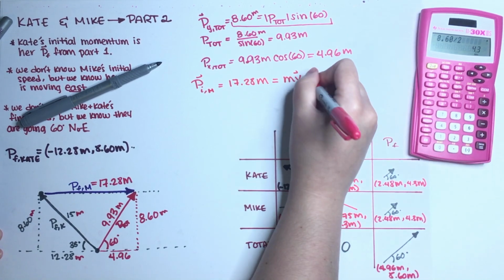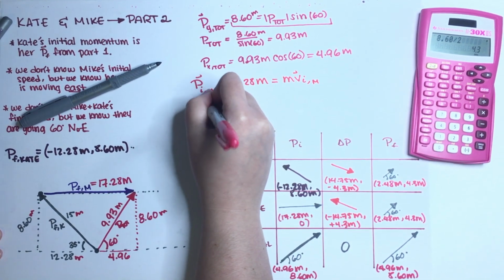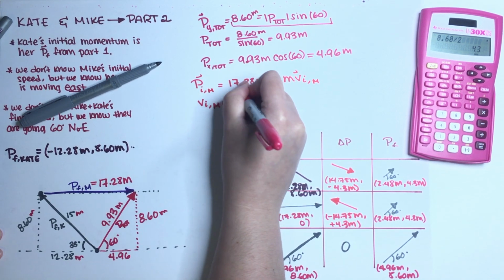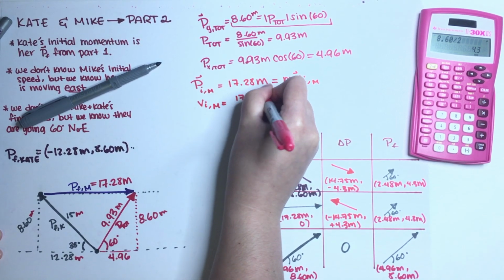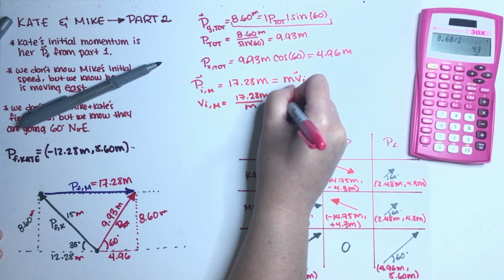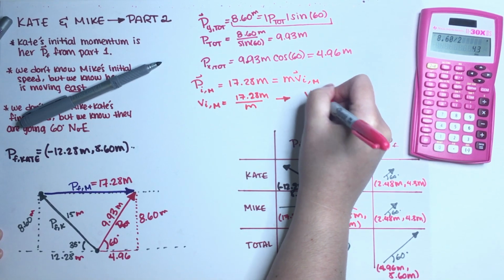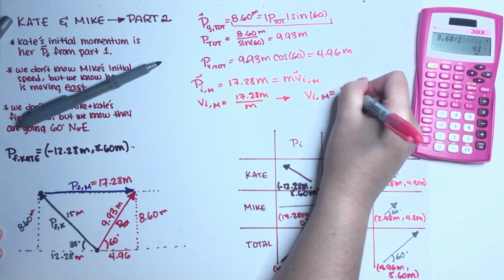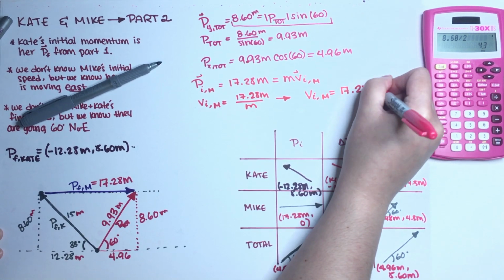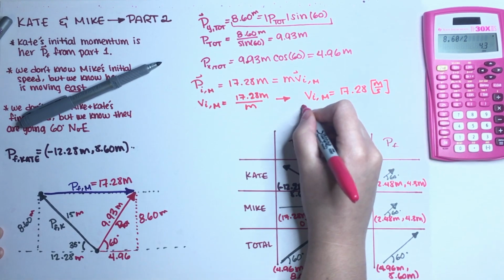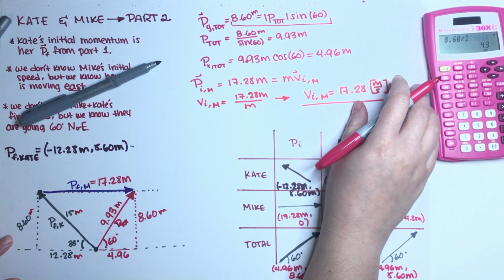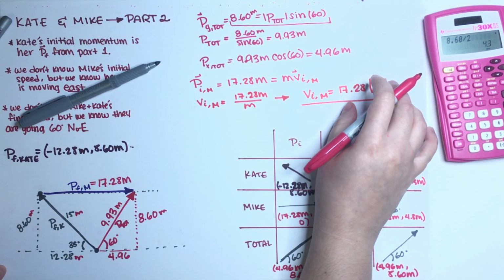So Mike's initial speed is just 17.28 m divided by m. So Mike's initial speed is just 17.28 meters per second. Final answer. And the other question is, what is their speed after they are moving together?